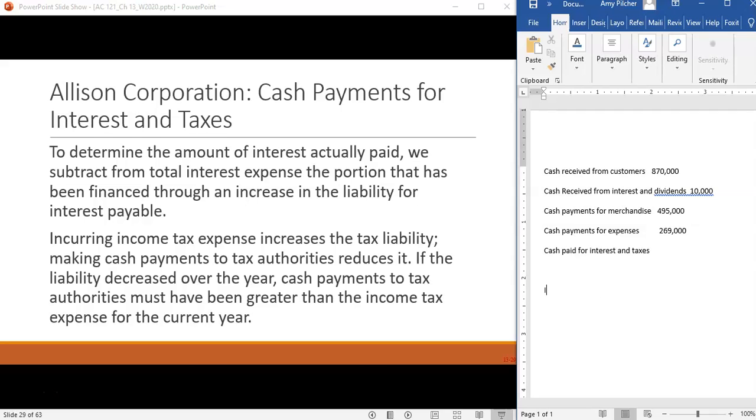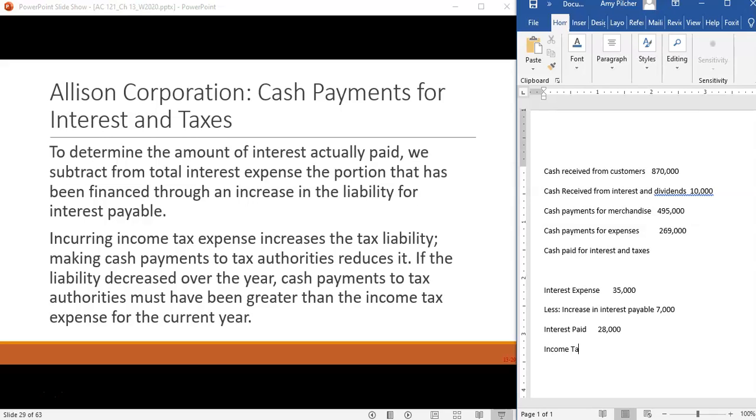So if we look at that interest expense from the income statement, $35,000 less increase in interest payable of $7,000. So our interest paid is $28,000.